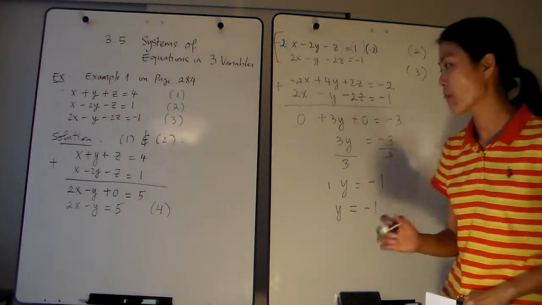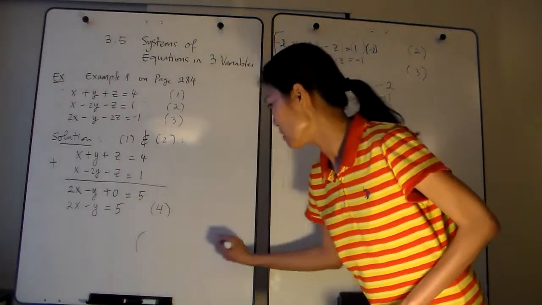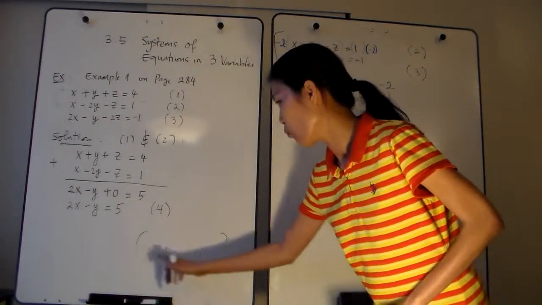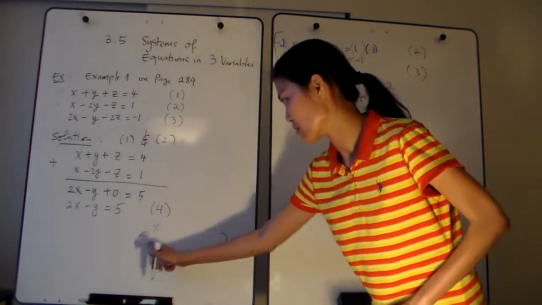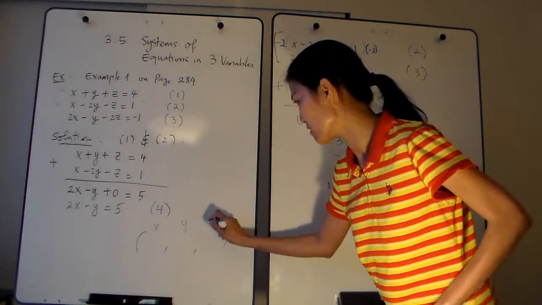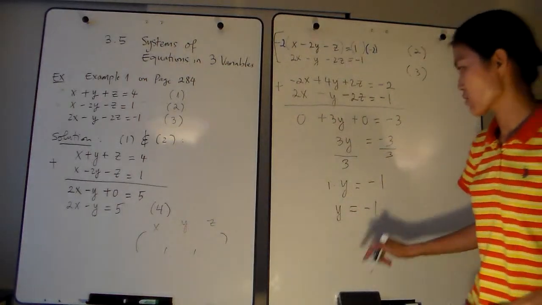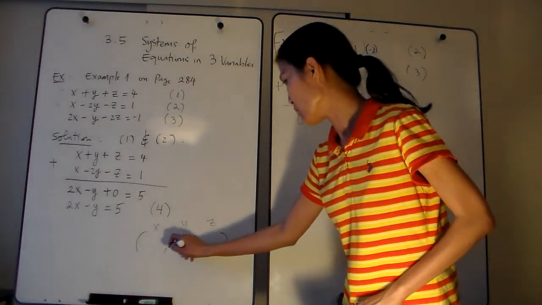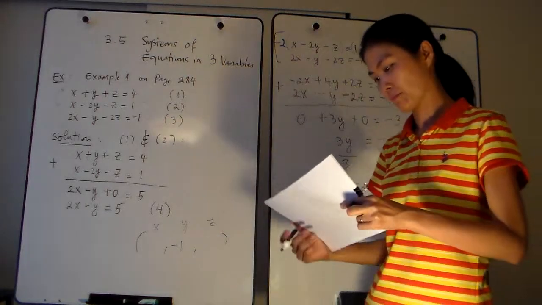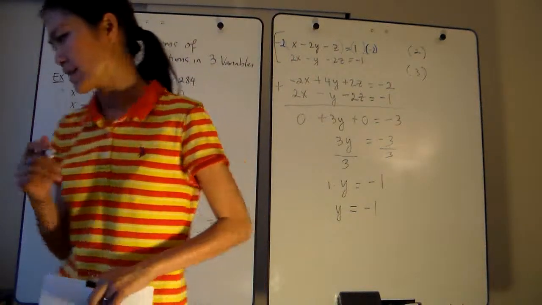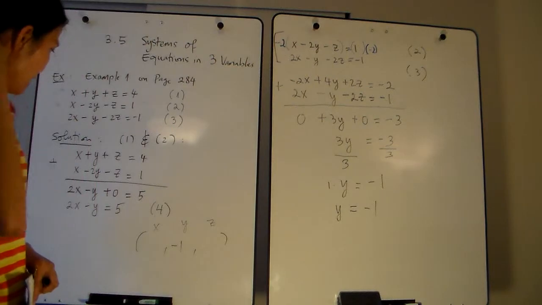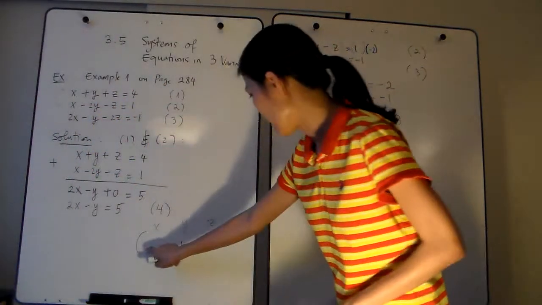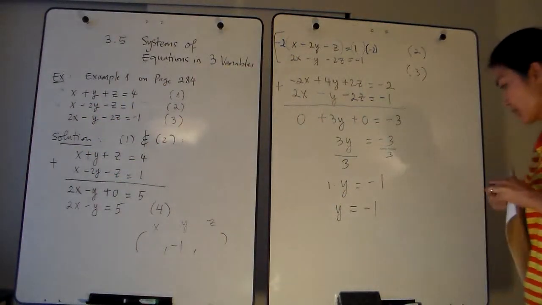We're not done yet. The answer is supposed to be something for x, something for y, something for z. We solved for y, so y is negative 1. We need to solve for x and z.